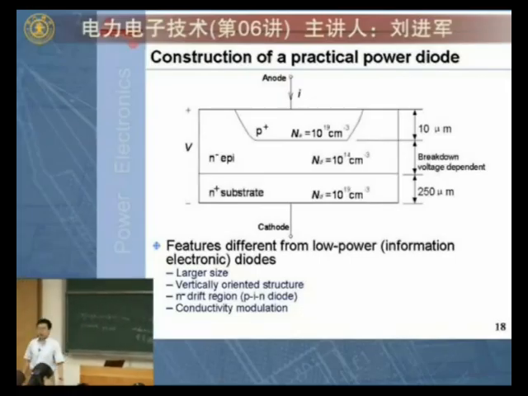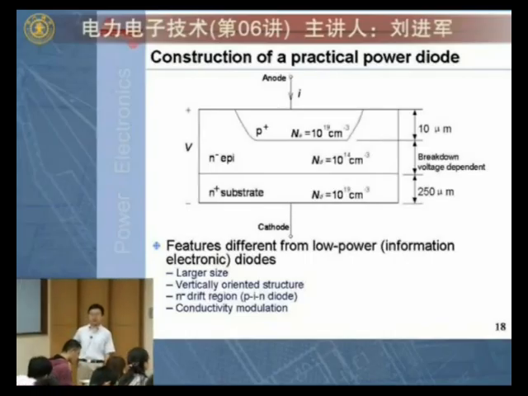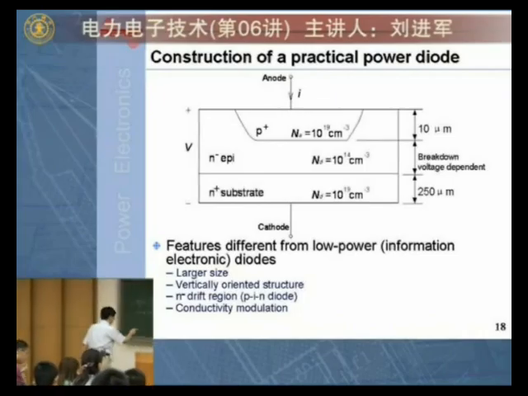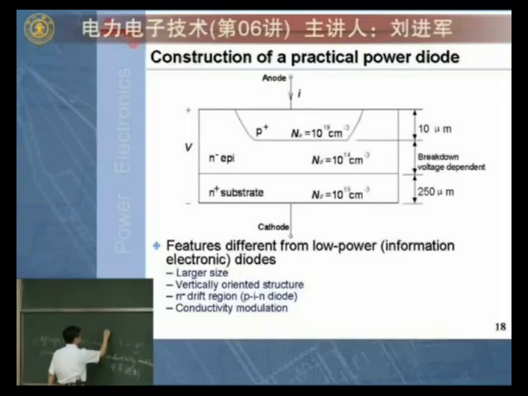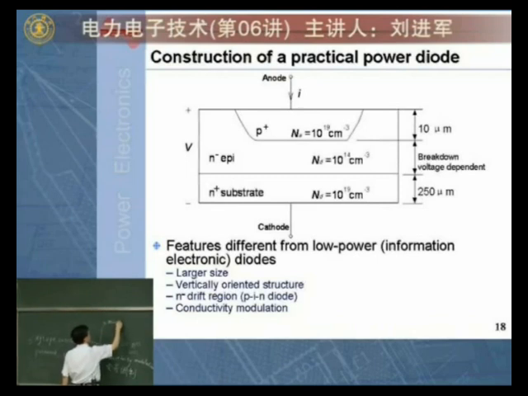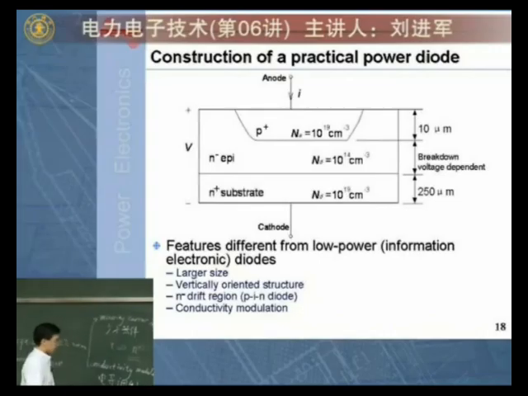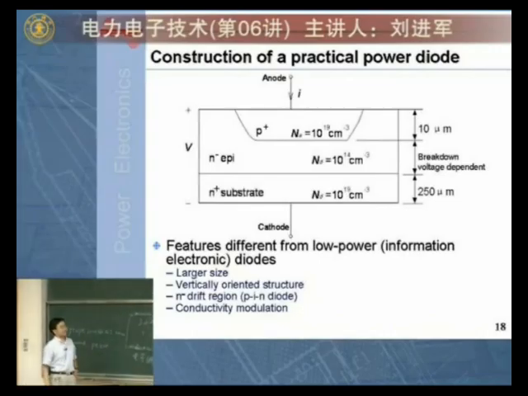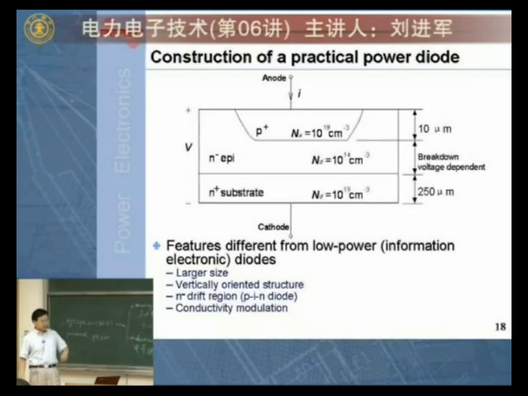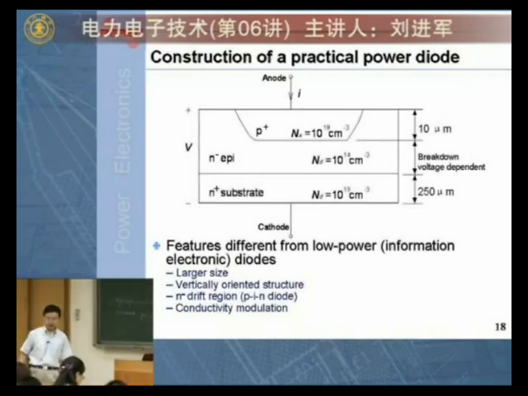This is a very special concept with power semiconductor devices, especially with minority carrier devices.